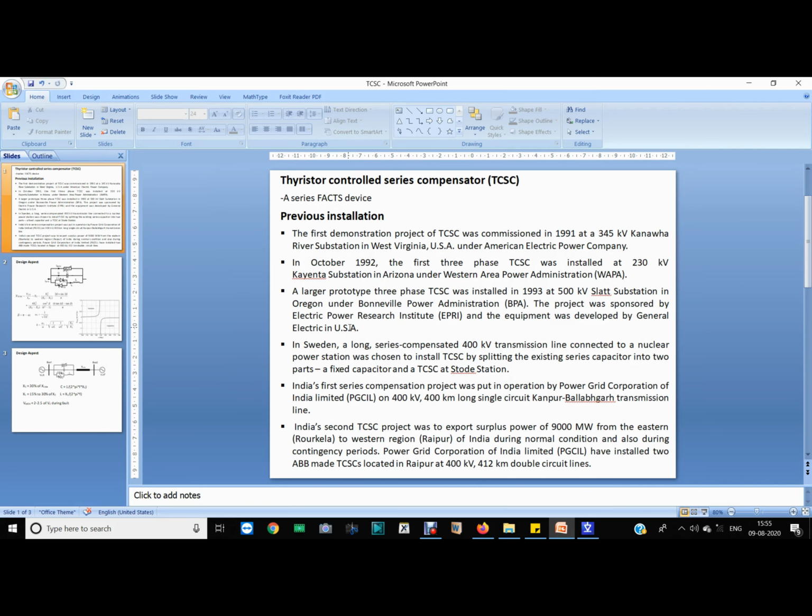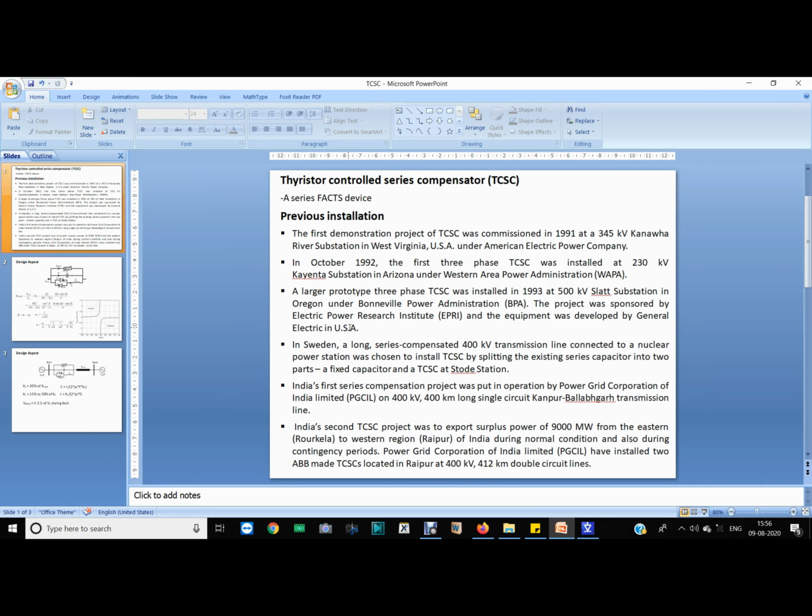Here we have listed some previous installations of TCSC. TCSC was first commissioned in 1991 by American Electric Power Company in USA. After that, in 1992, Western Area Power Administration installed a three-phase TCSC module at a 230 kV substation in Arizona.